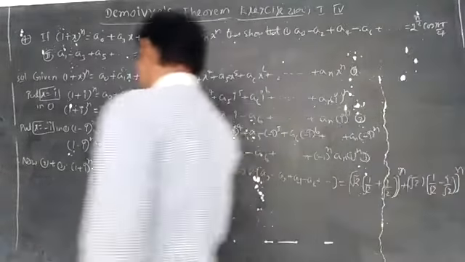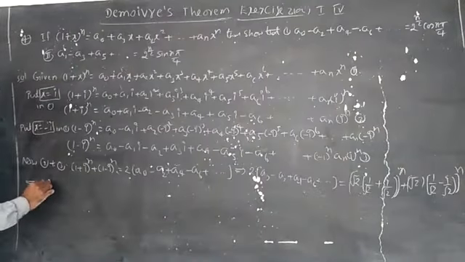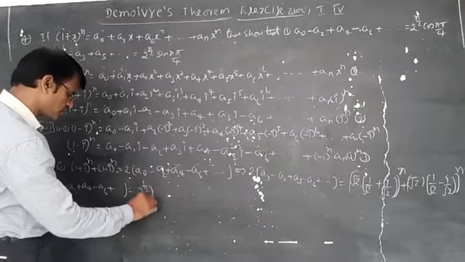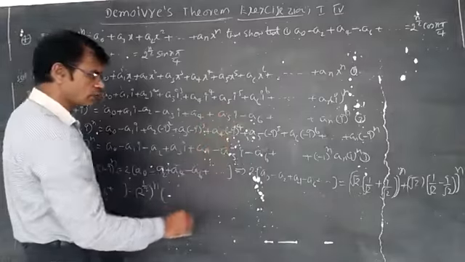That implies 2 into (a0 minus a2 plus a4 minus a6 plus so on) is equal to root 2, which is 2 power 1 by 2, so (2 power 1 by 2) whole power n, into 2 power that you take common.